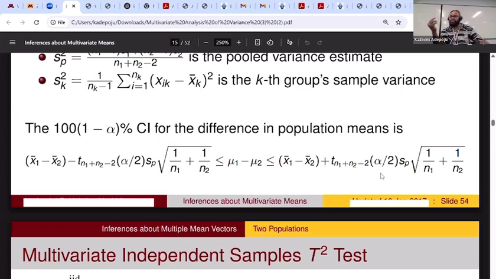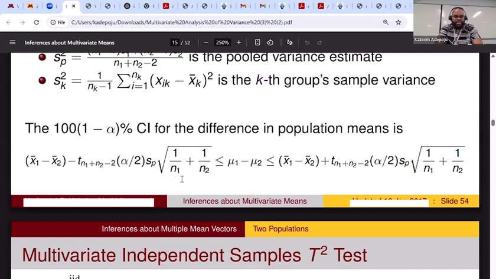So there are two. When we talk about statistical inference, do we want to test a hypothesis about the difference of means, or do we want to construct a confidence interval that will contain the difference of means? That's why you're seeing this here.